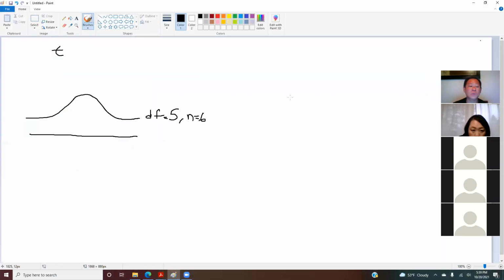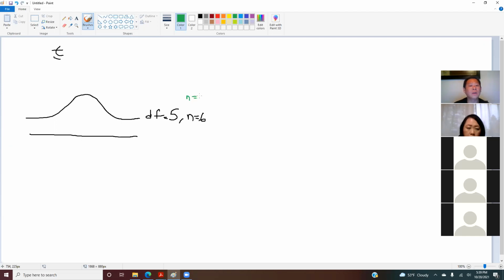Your tail end is going to be a bit fatter, a bit heavier, and the middle part is a bit shorter. This is what happens when you have a small sample size, n equals 6.